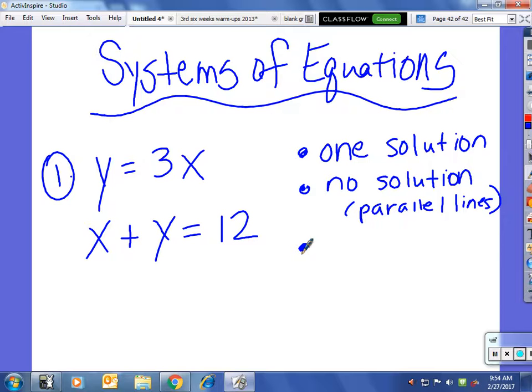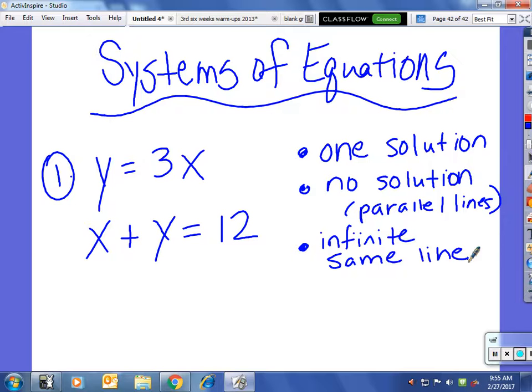How many solutions would they share? Yeah. You could also have infinite solutions. That means everything's exactly the same because they are the same line. But it's easy to make lines look different because there's so many different forms of lines. Now, what's the case that we're going to mainly deal with? The one solution. Usually you're going to have two lines that intersect, and we're going to find the one solution.